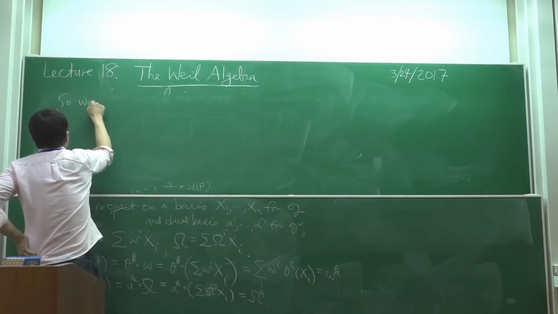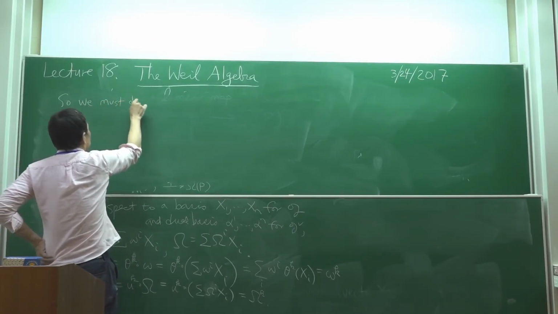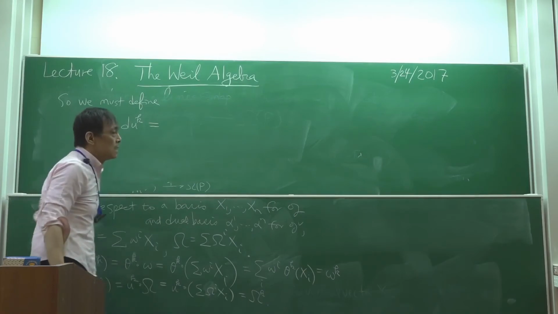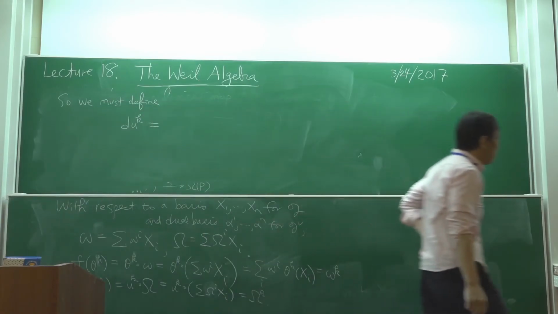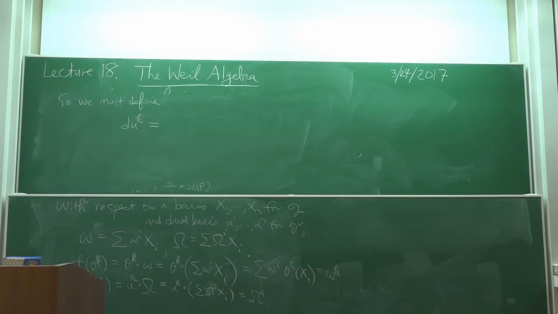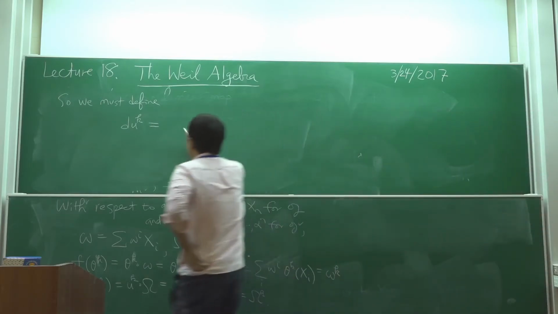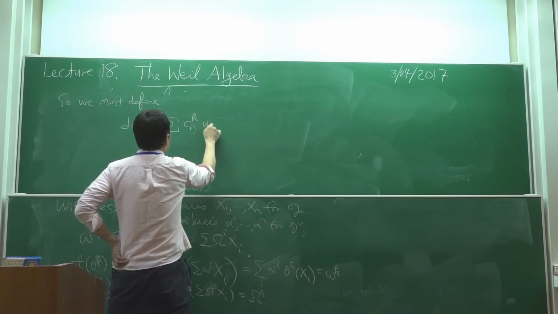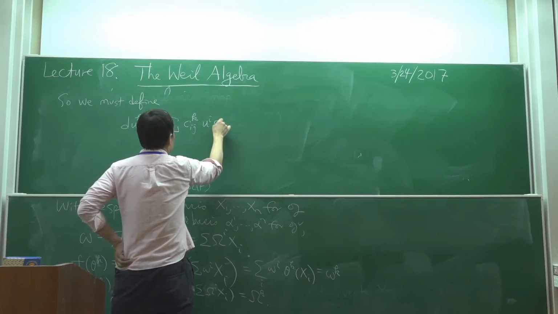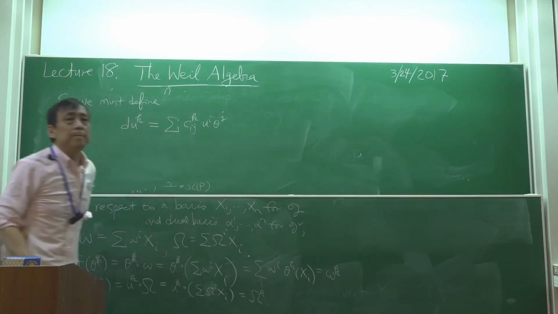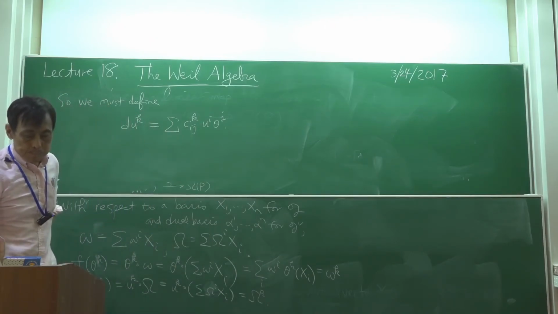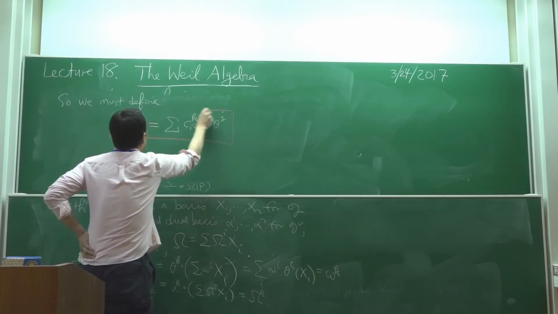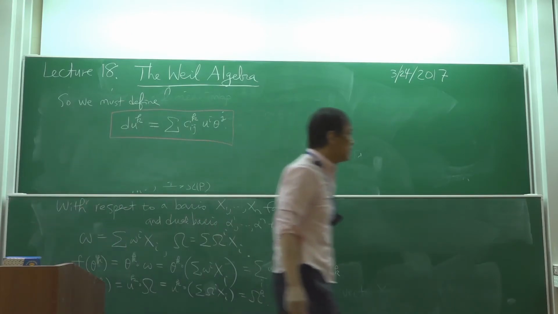So we must define d uk to be the sum of Cijk ui theta j. Okay, so that's the differential on the generators of the Weil algebra.